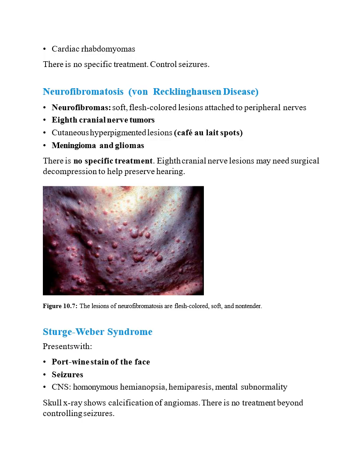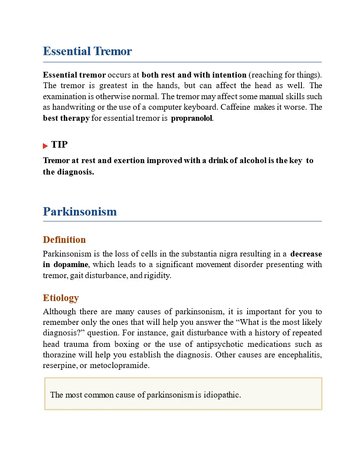Let's go to the next slide, which is slide 25. On slide 25, let's discuss so-called essential tremor. Essential tremor occurs both at rest and with intention when we're trying to reach things.